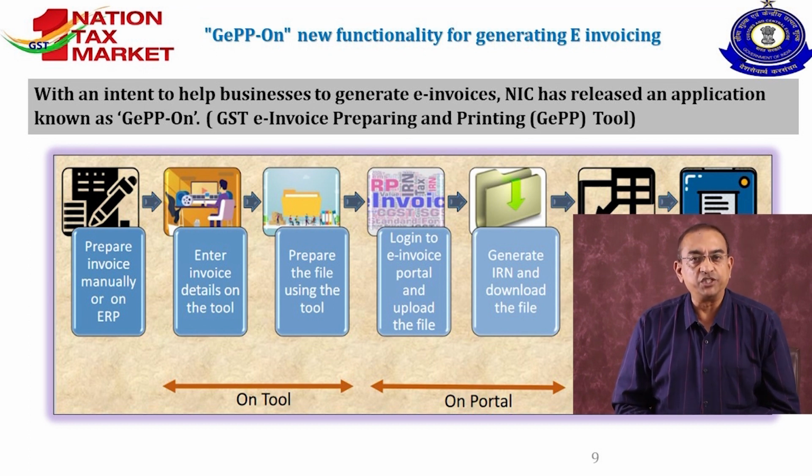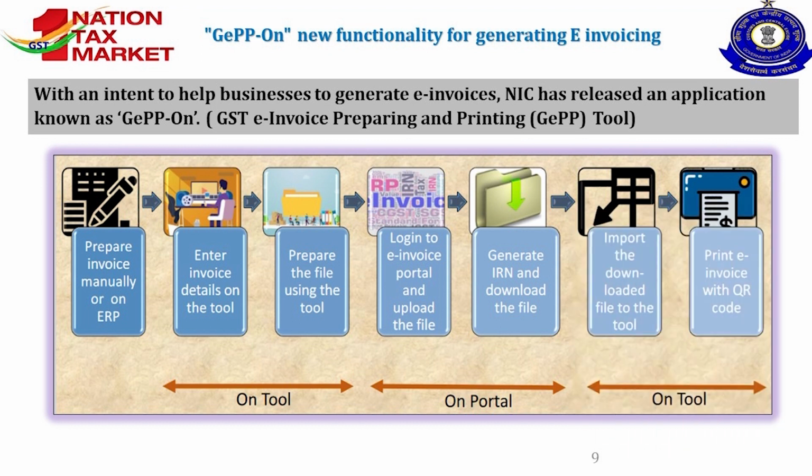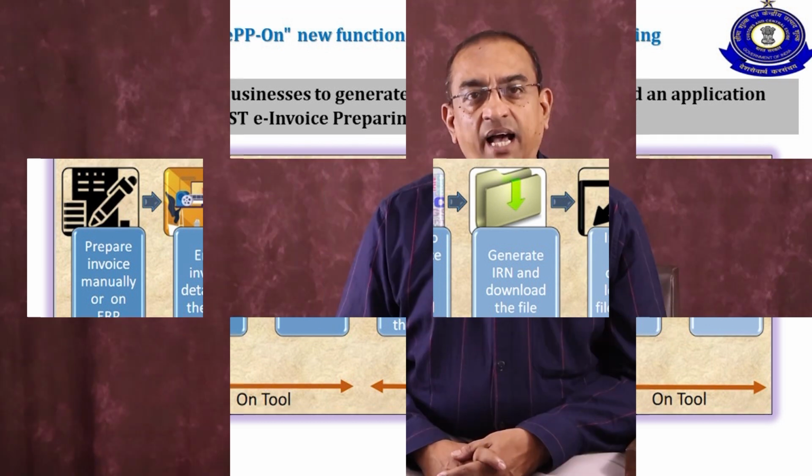The invoice registration portal generates an invoice reference number and then returns it back to this tool, which can be downloaded, and the invoice reference number can be printed in each and every tax invoice. This facility has been created with an intention to make this entire process as easy as possible.